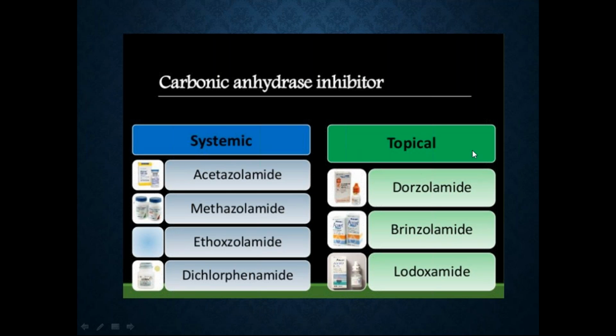Orally it is acetazolamide, methazolamide, ethoxzolamide, and dichlorphenamide, but the most commonly used drug is acetazolamide. Topically it is dorzolamide, brinzolamide, and brimonidine. The most commonly used is dorzolamide, and we even use brinzolamide.